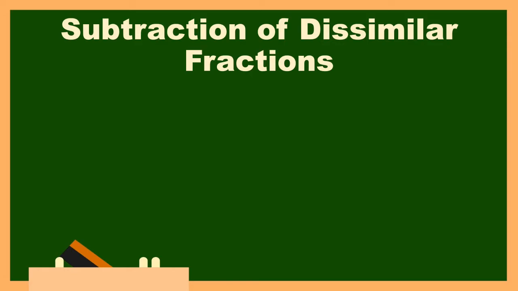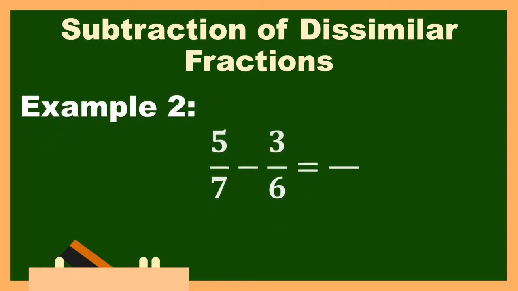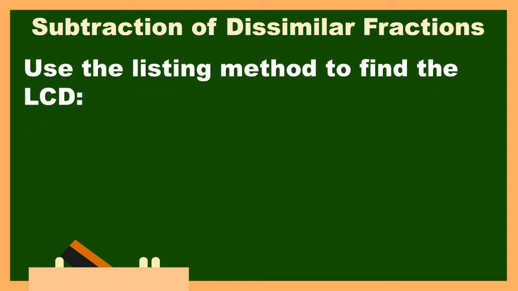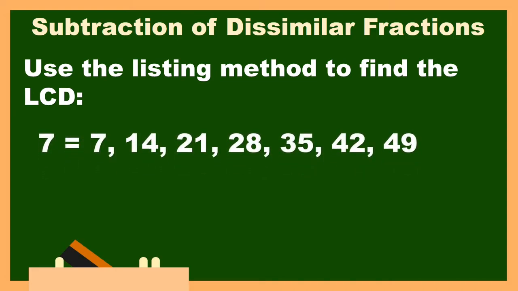Another example, 5/7 minus 3/6. So again, let's change it into similar fraction by finding their LCD or the least common denominator. By listing method, we can now find the LCD of 7 and 6. So ang 7, ang kanyang multiples ay 7, 14, 21, 28, 35, 42, and 49.